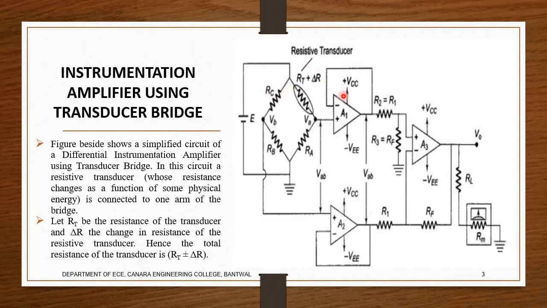The same principle we will implement here. If some pressure has been applied and RT plus delta R has been obtained, then it is an unbalanced condition, and VA is not equal to VB.